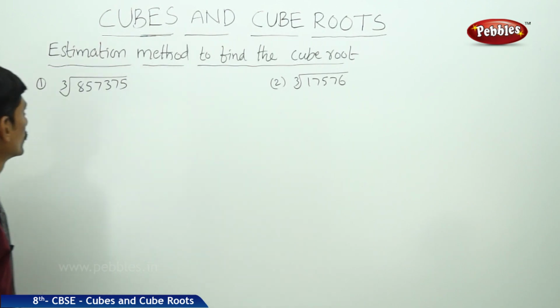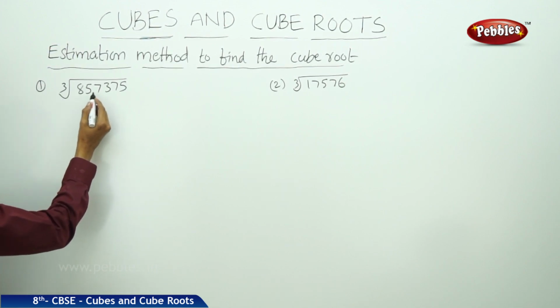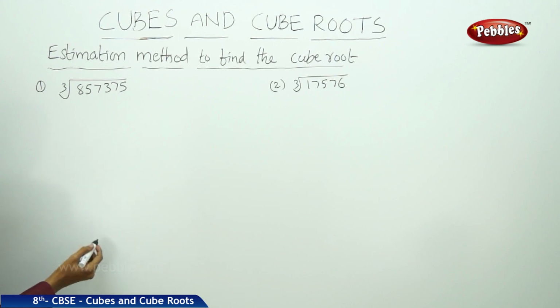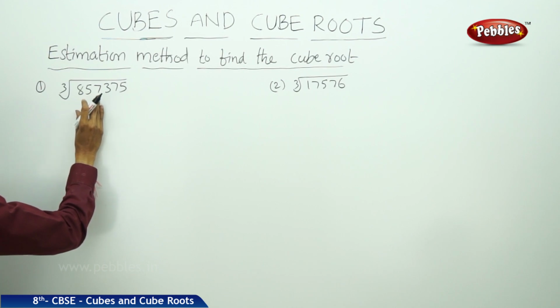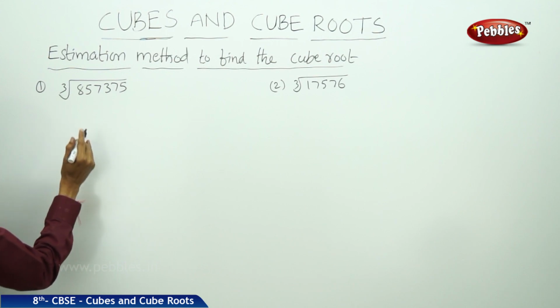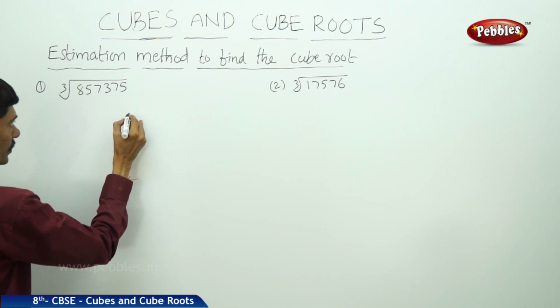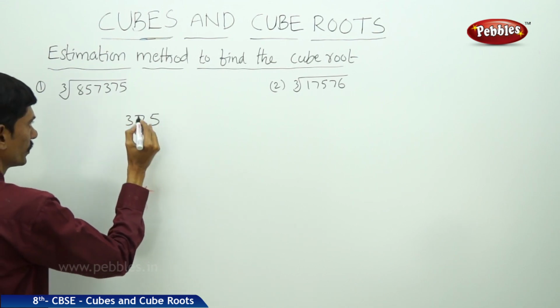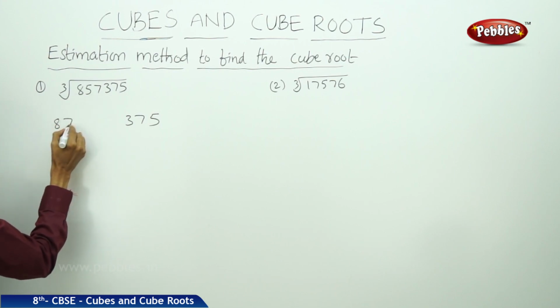Now the next topic, estimation method to find the cube root of a perfect cube. Now you should find the cube root of 8,57,375 using the estimation method. First let us divide the given number into 2 groups such that each group has 3 digits. So from the rightmost, we write the last 3 digits 3, 7, 5 in the first group and the remaining digits 8, 5, 7 in the second group.